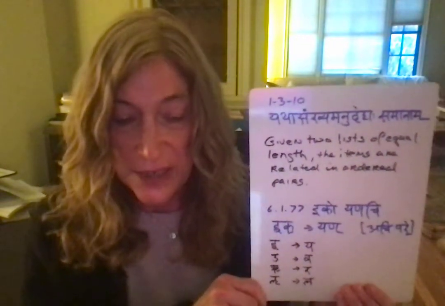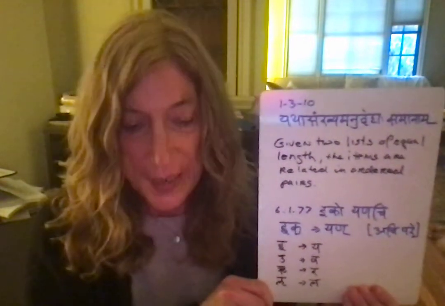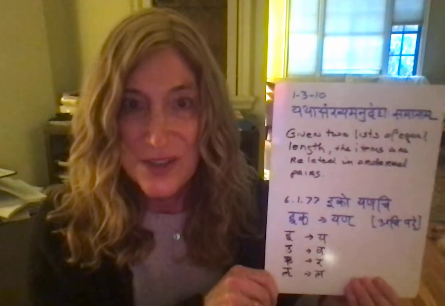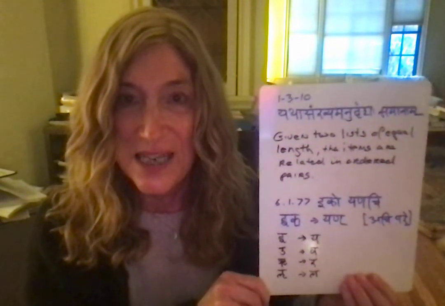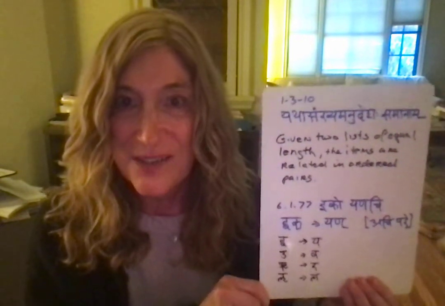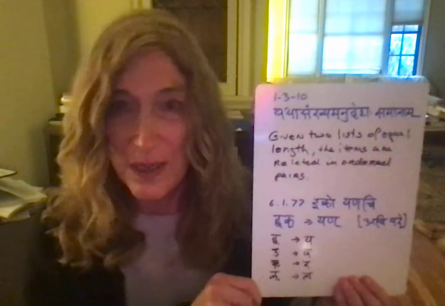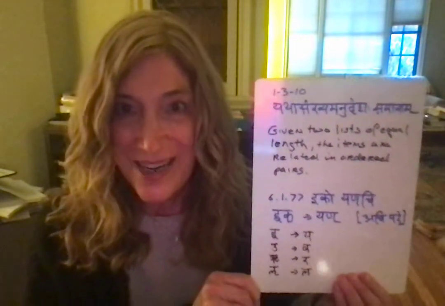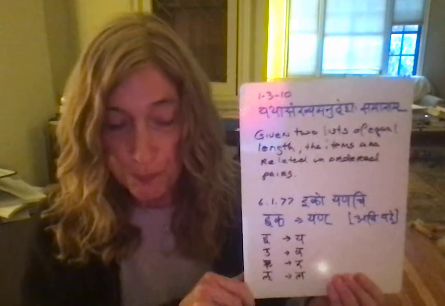That is, given two lists of equal length, the items are related in ordered pairs. So the first of adi goes to the first of taki, and the second of antau goes to the second of takitau.